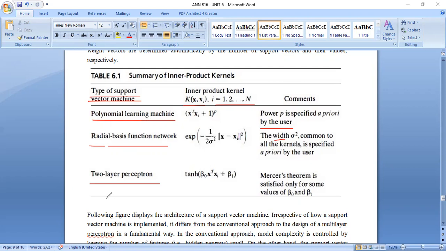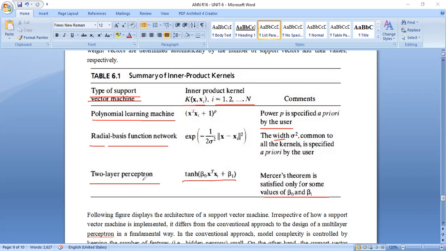And the third one is the two-layer perceptron. Its equation is tanh of beta naught times x transpose xi plus beta 1. Here Mercer's theorem is satisfied only for some values of beta naught and beta 1, not for all values.